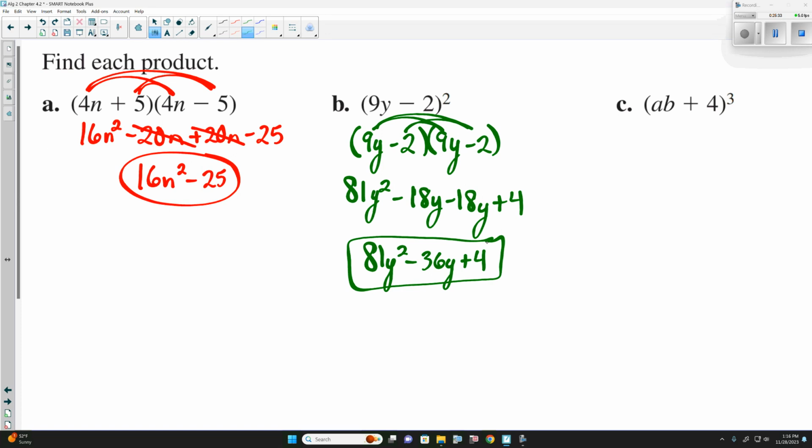So is there no shortcut? It ends up being a squared plus 2ab plus b squared. So there is a shortcut to them. But sometimes it's a little bit easier to work it out.